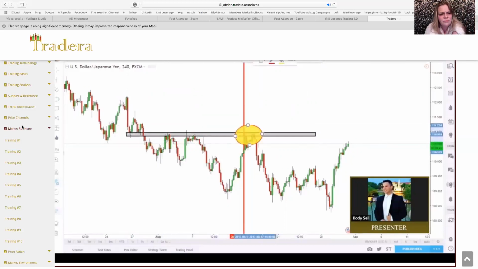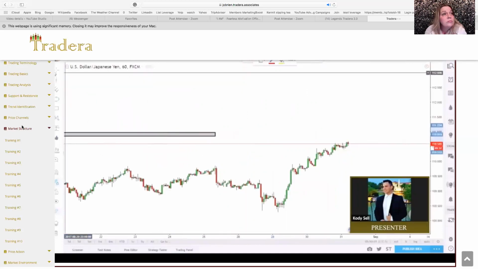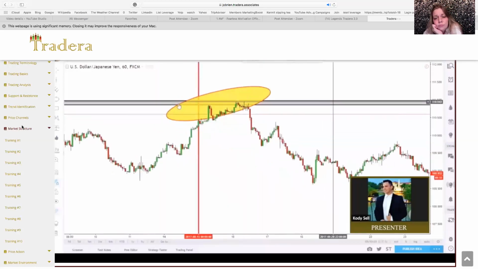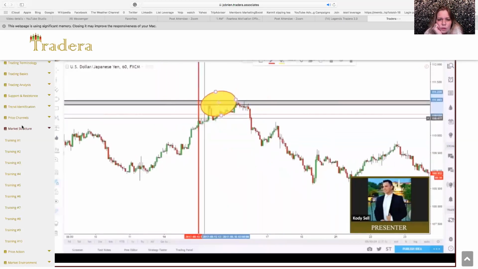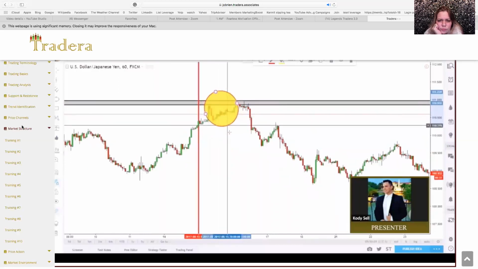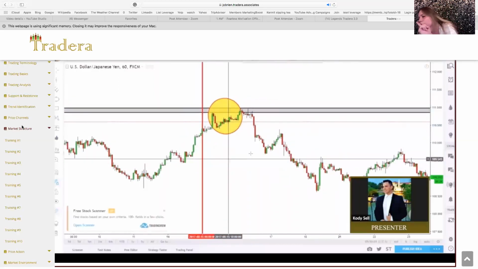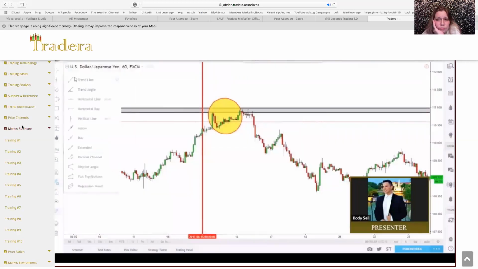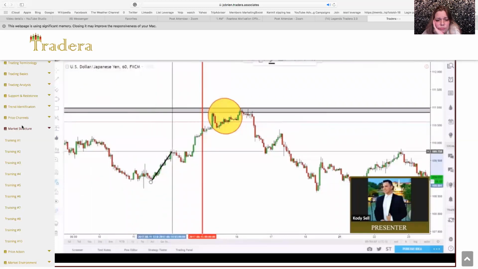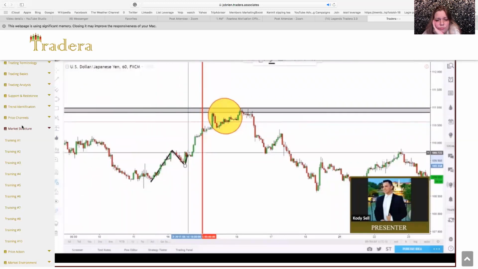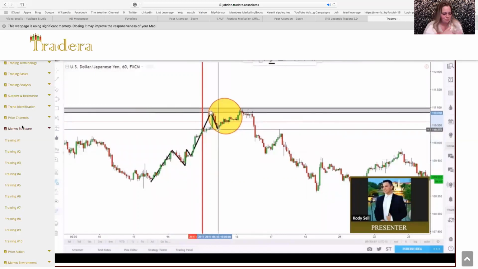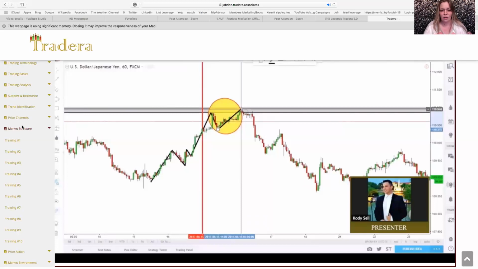Okay, let's head down to the 1-hour time frame and check out structure here. I'm going to go ahead and refine this because it's very disturbingly ugly. There we go. Okay, so we're coming up on our level. Let's identify structure. We're coming up, we come down, we come up, slight down, we come up, we come down, we come up to make a new high.